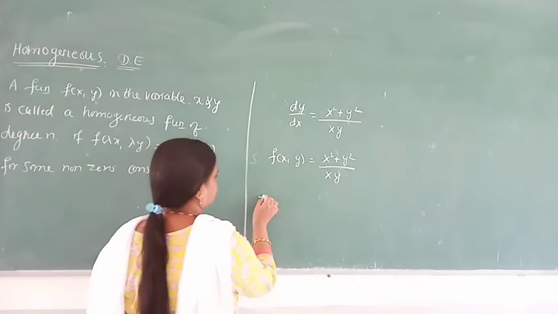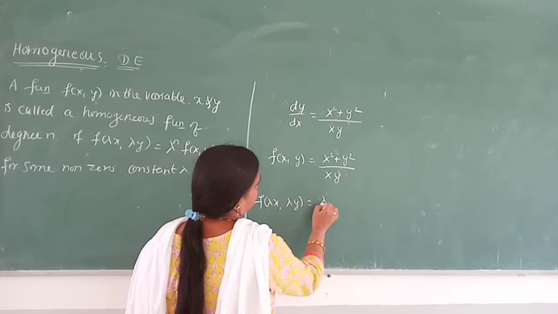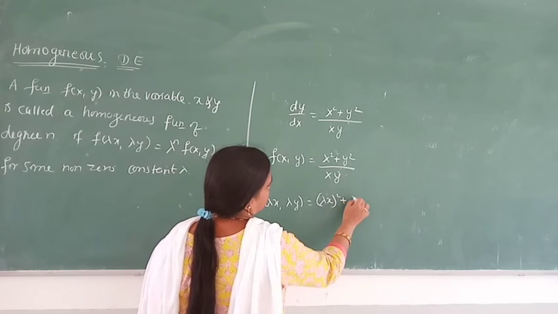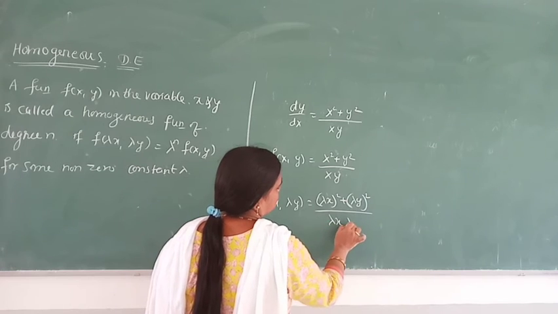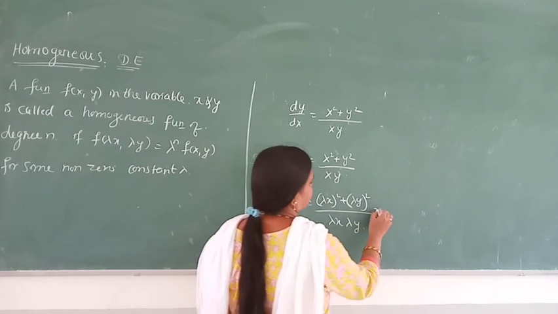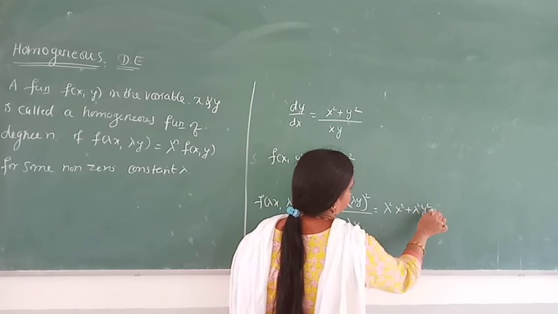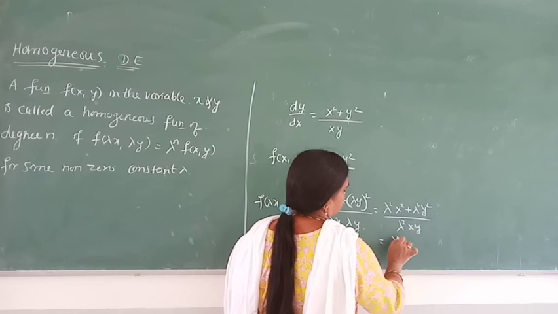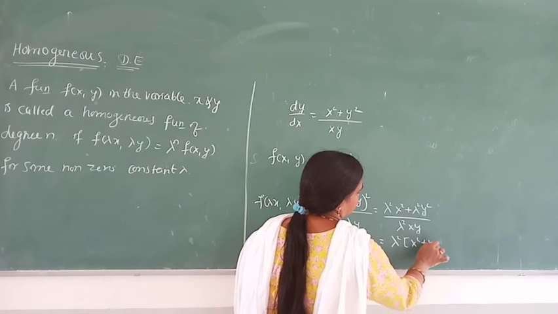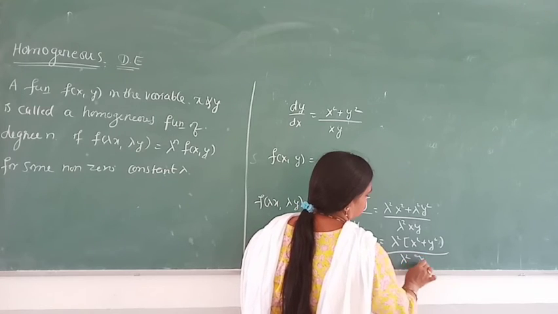We get f of lambda x comma lambda y is lambda x square plus lambda y square divided by lambda x into lambda y. We get lambda square x square plus lambda square y square divided by lambda square x y. We get lambda square into x square plus y square divided by lambda square x into y.